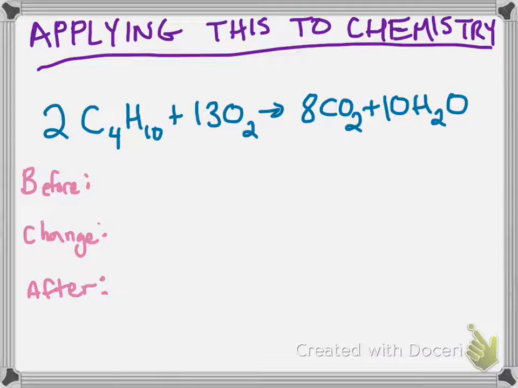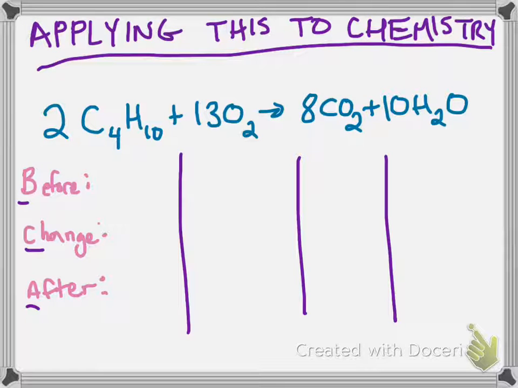There's another way to think about this, and we call this a BCA table, before, change, after. And I think that this is a much clearer way and can help clarify things. So we're making a table, and the way I'm separating this is I'm just separating it by each reactant and each product.